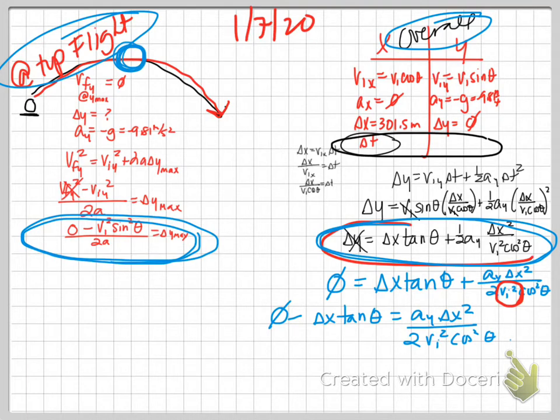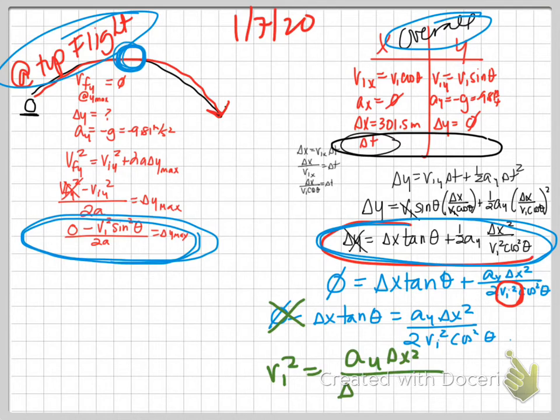If I multiply both sides by vi squared, obviously this has gone away. I have vi squared delta x tan theta. I can then divide both sides by the delta x tan theta, and what I get is this beauty. Vi squared equals a sub y delta x squared over.